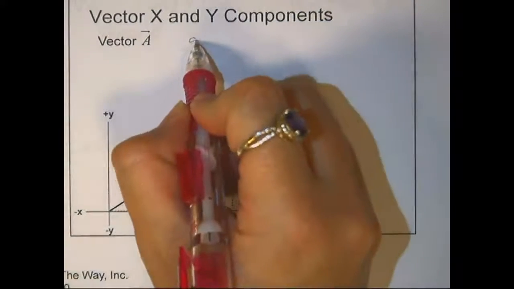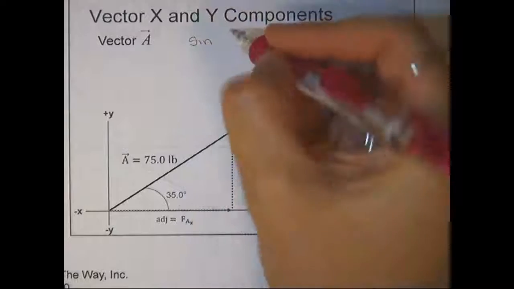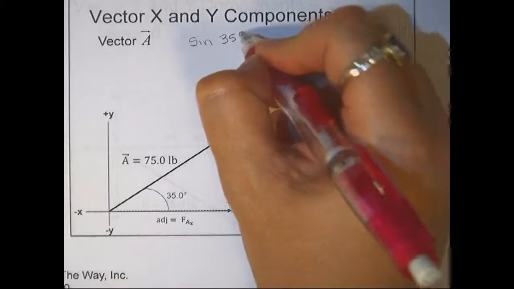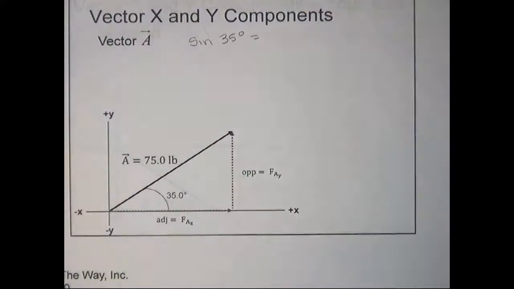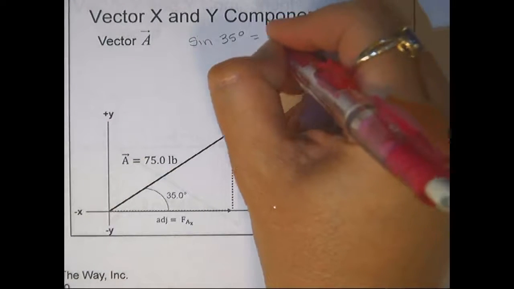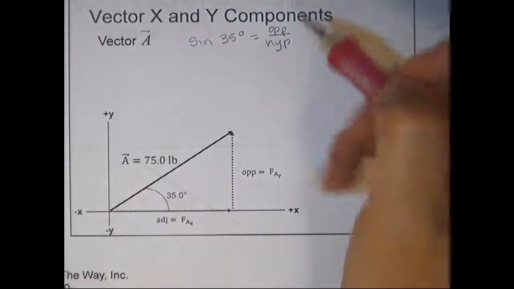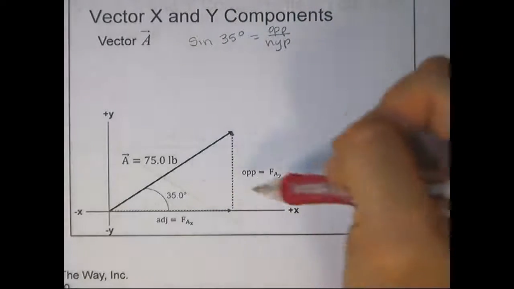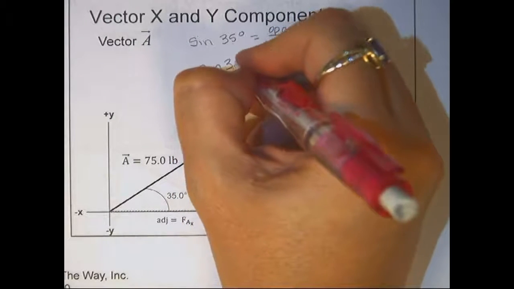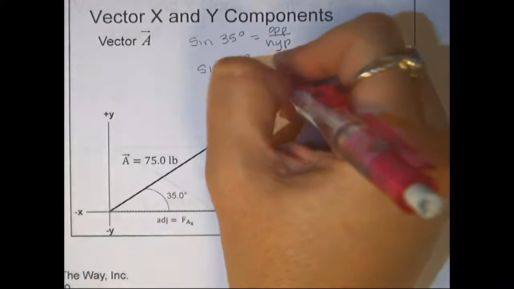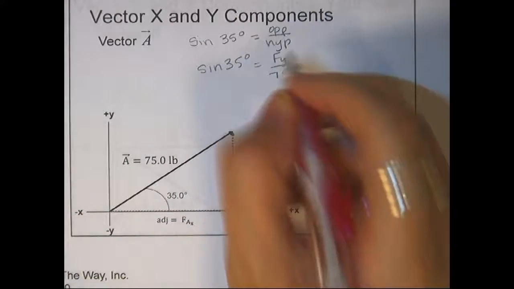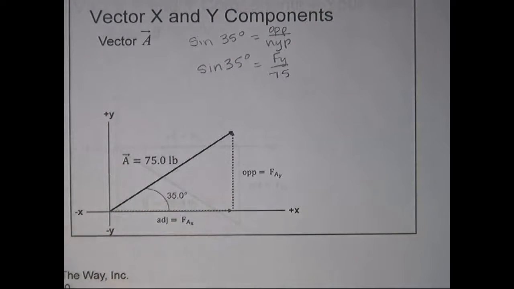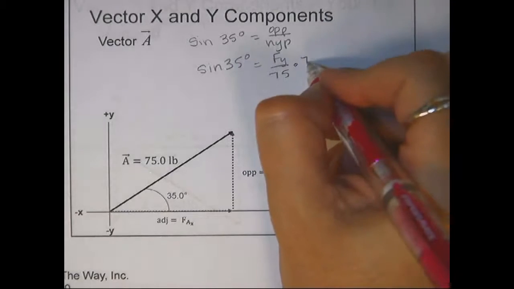So I'm going to start off with sine of this angle, 35 degrees, equals opposite over hypotenuse. And in this problem, my opposite is Fy, and my hypotenuse is the 75. Now I can just use algebra to solve this, multiply both sides times 75.